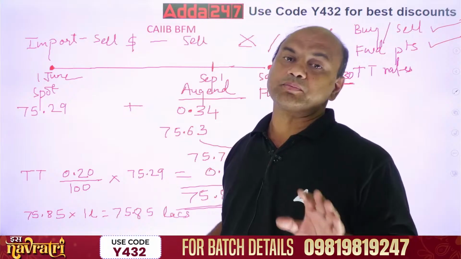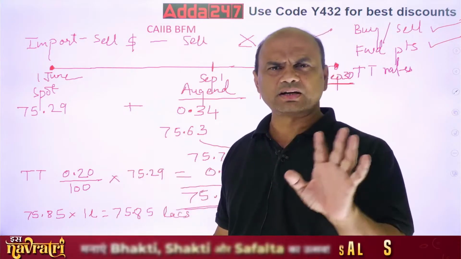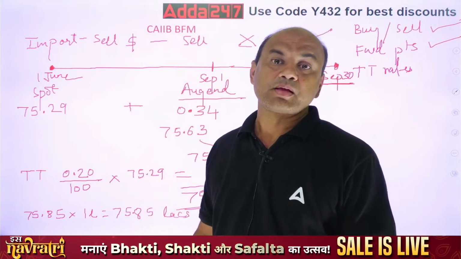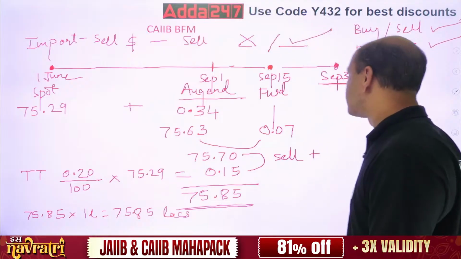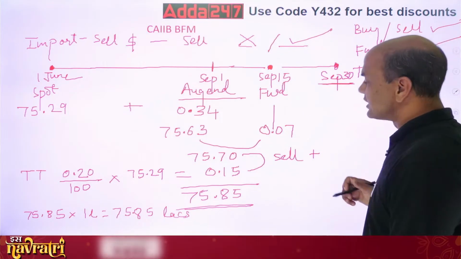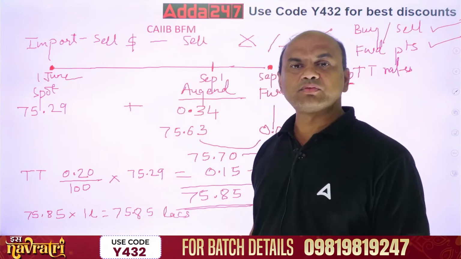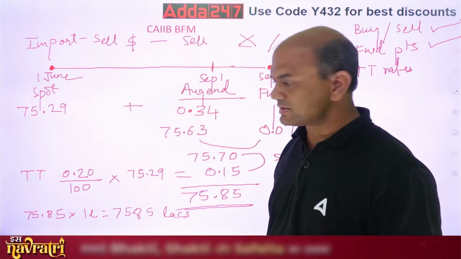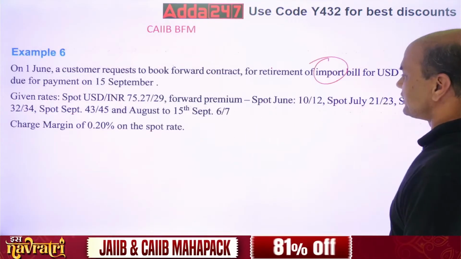So what have I done up till now? I have completed the forward rate point. But there is still something remaining. That was a twist, right? Margin. Now let me clarify this point. Generally, whenever we calculate the TT margin, in this problem, what is given? Say this over here.